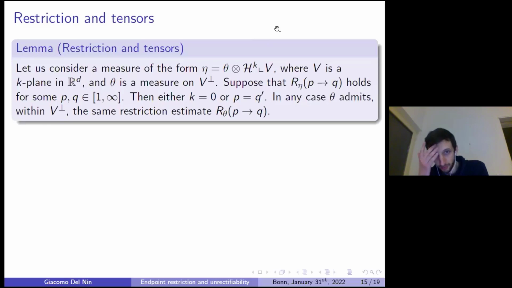Then we have a dichotomy. Either k equals 0, so the flat measure is trivial, it's just a delta, so eta is just theta, or the exponents must be dual to each other.